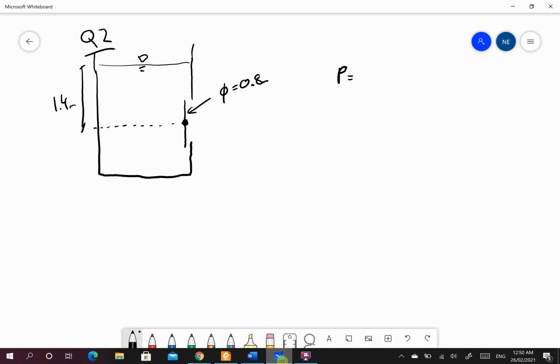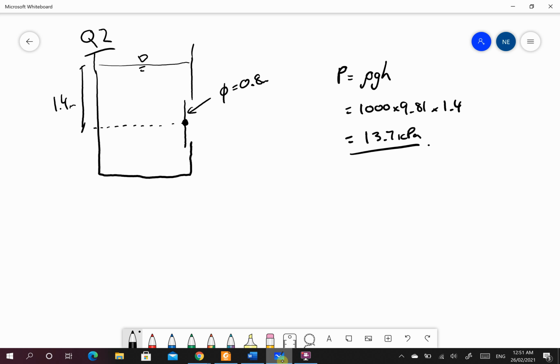Cool. So again, I'll use the pressure method. P is equal to rho G H. It's water, my rho of 1,000. Gravity. My height is 1.4 meters, which gives me 13.7 kPa.